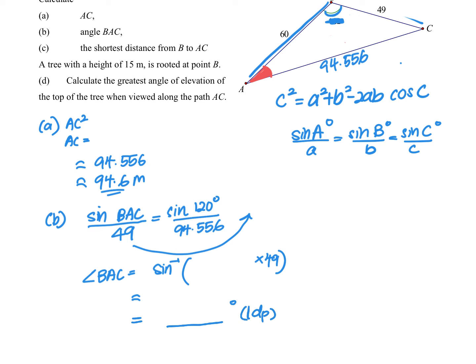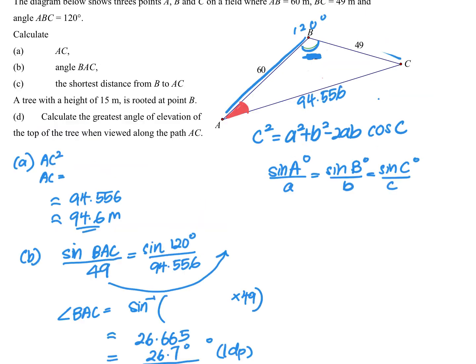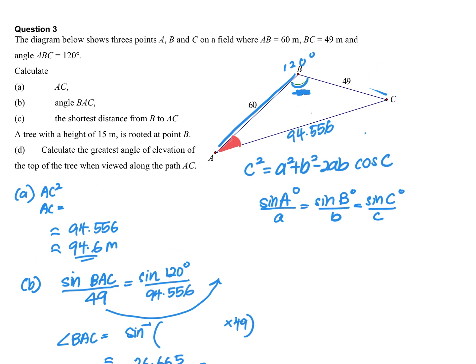Then next part, how do you find the shortest distance? Where is the shortest distance from B to AC? Draw inside your diagram. So you know this angle is 26.7665. Right? Now they want us to find the shortest distance from B to AC.